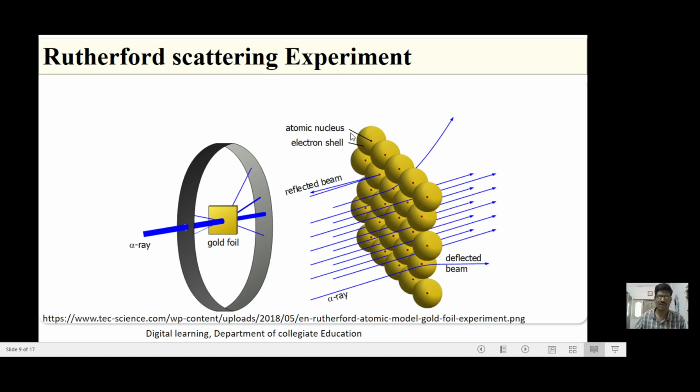This is the atomic model. The red dots show the electron shell, there is a nucleus, and a reflected beam. Some beams will be reflected back at the same angle, and some rays are reflected at 90 degrees and more than 90 degrees also.